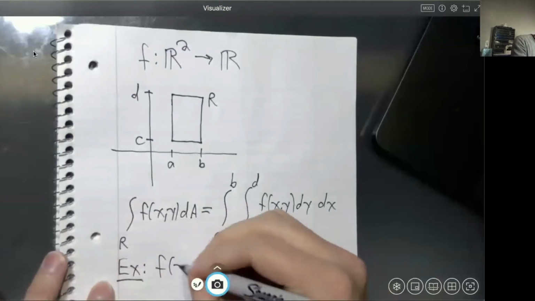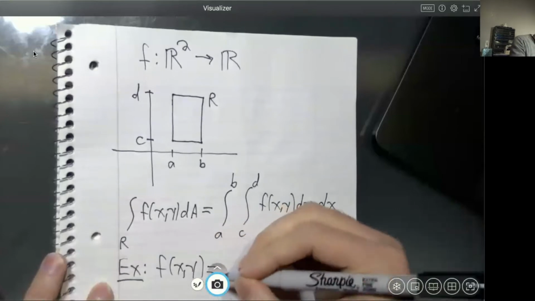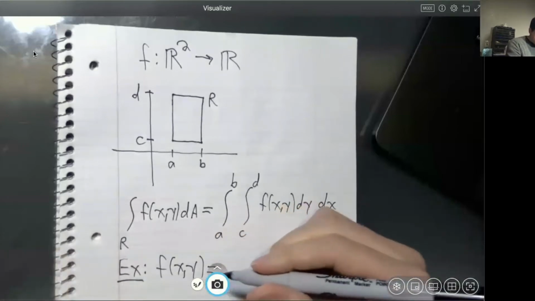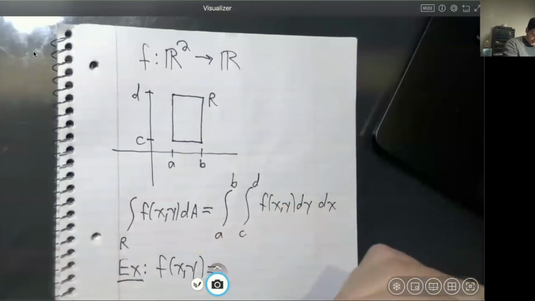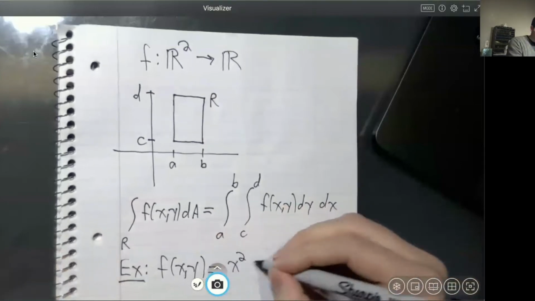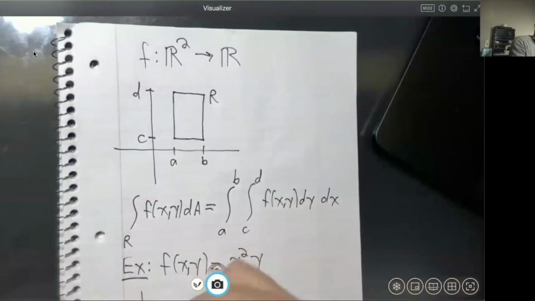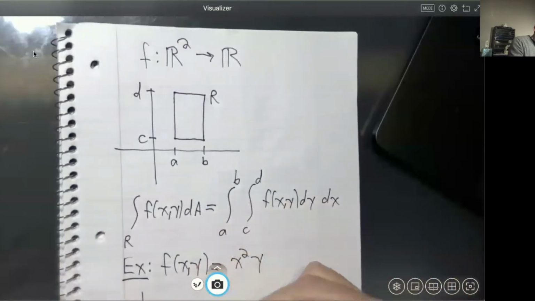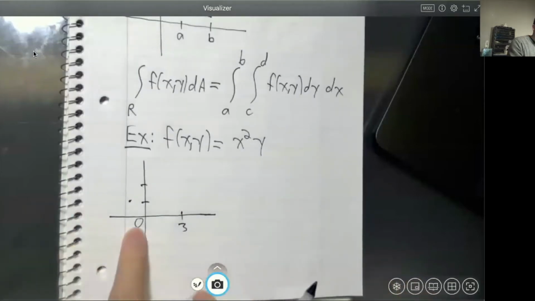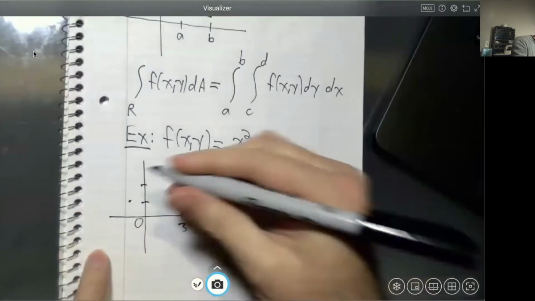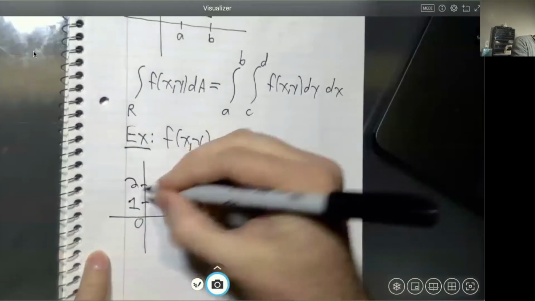Suppose f of x, y is equal to x squared times y, and we want to integrate over this rectangle, the rectangle where x goes from 0 to 3, and y goes from 1 to 2.